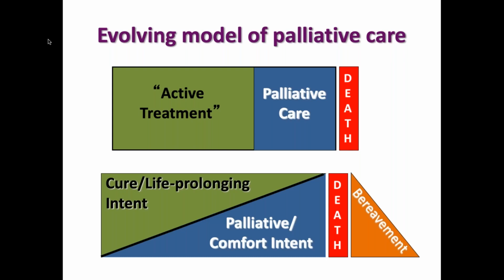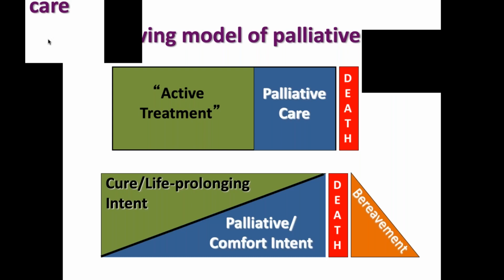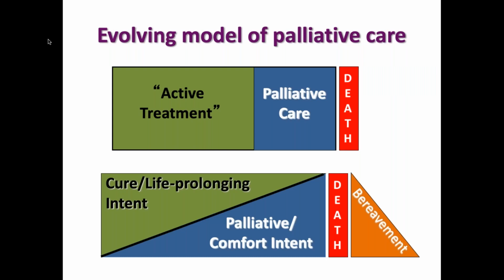This model is now evolving, and it looks like this now: even when we are treating a patient with the intent of either curing or at least prolonging life, which is what we do when we put a patient on dialysis, right from the beginning, we keep the palliative or comfort intent also in mind. The component of the palliative or comfort intent is really small in the beginning, where we are focused on providing either curative or life prolonging intent.